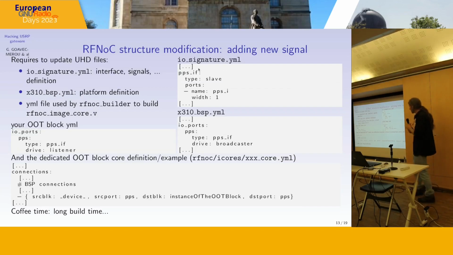The SRC port is the IO port, which is a PPS. And the DST block is the name related to the instantiation done earlier in this file. And the DST port is, again, the PPS. This refers to the IO port in a specific OOT YAML.